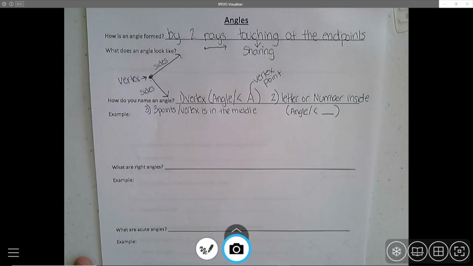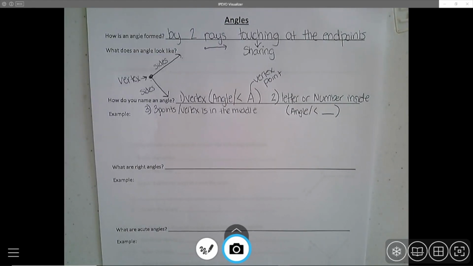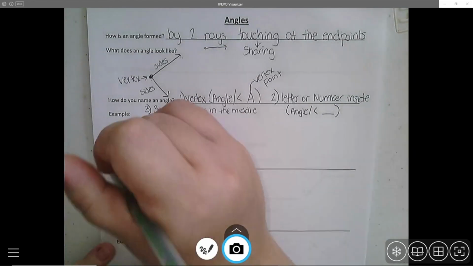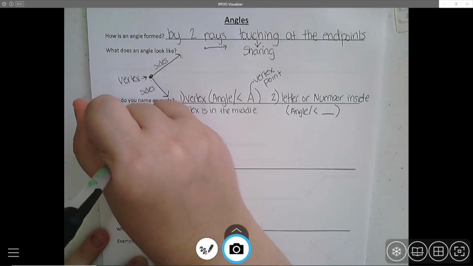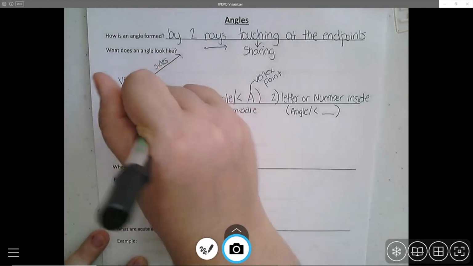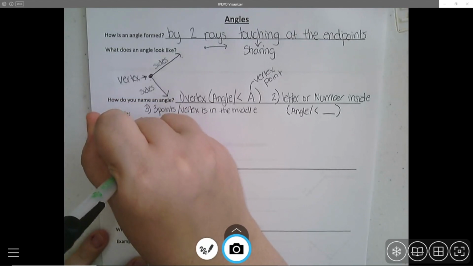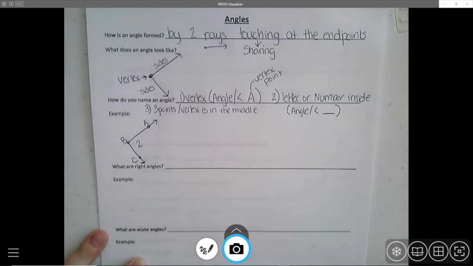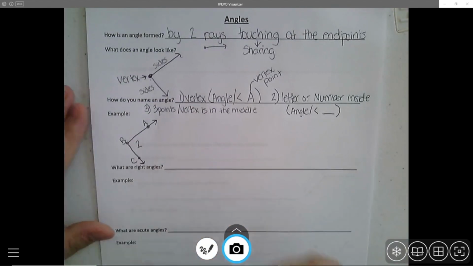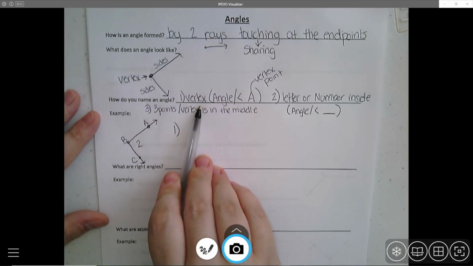So if we look here at an example, I'm going to draw one picture here and we'll name it all three ways. Starting here with way 1, which is to name it by the vertex.